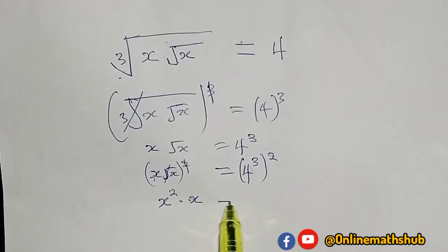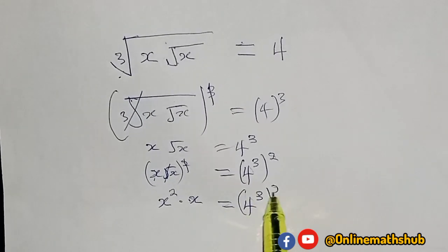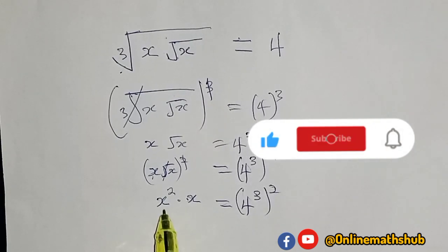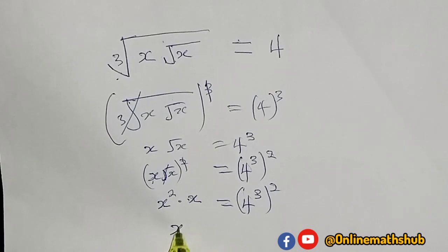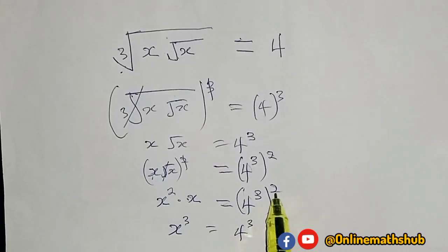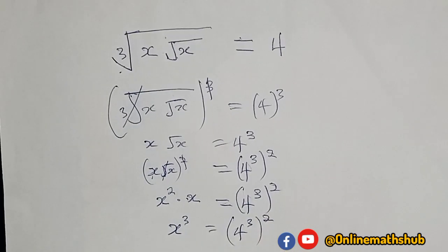Okay, and it is equal to 4 power 3 raised to power 2. Nice one. So moving on, this times this is x raised to power 3 is equal to 4 raised to power 3 and then multiplied by power 2.